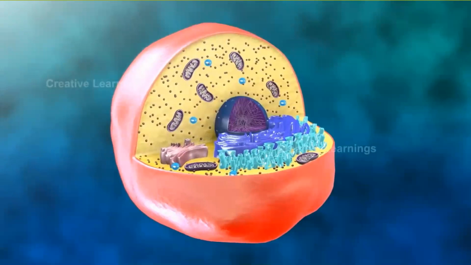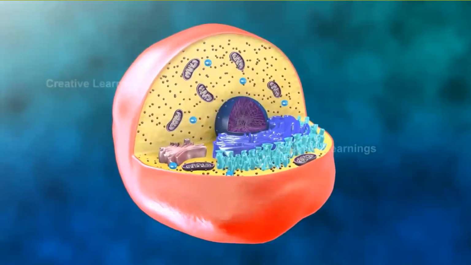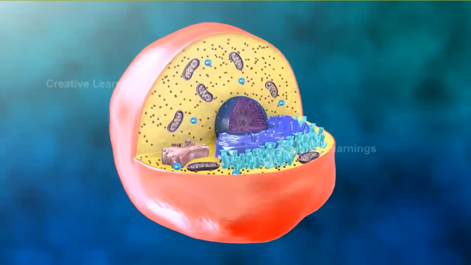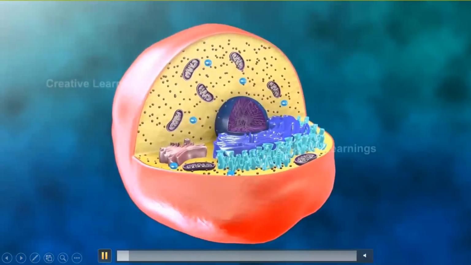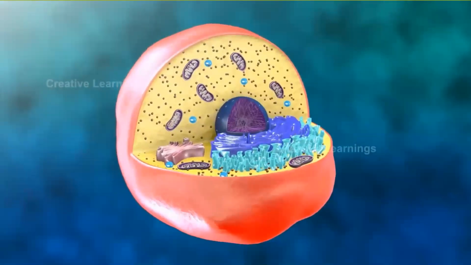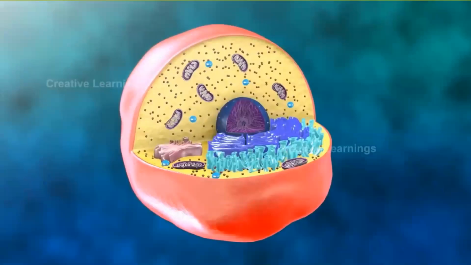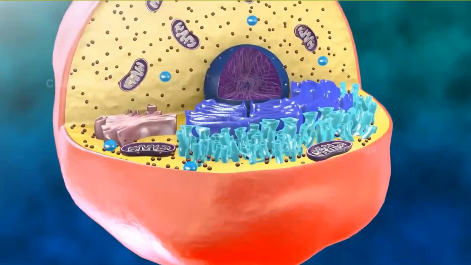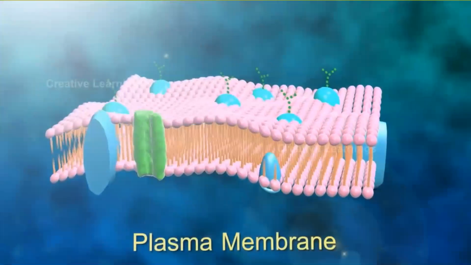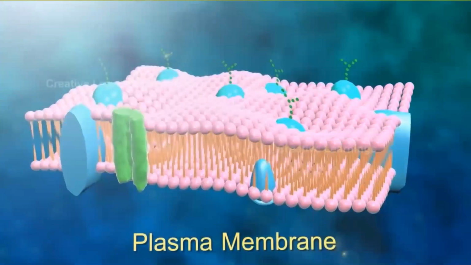Was the video properly seen by all of you? I'm playing it once again. So slowly and eventually we're going inside the cell. And this is nothing but the plasma membrane.